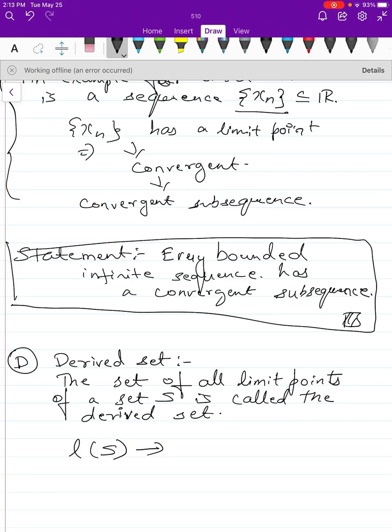In textbooks, whether it is Malik and Arora or some other textbook, it is defined as S prime.